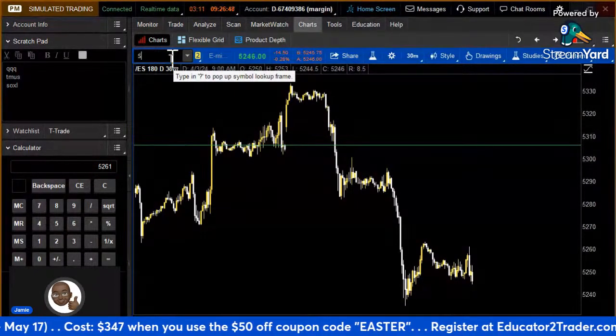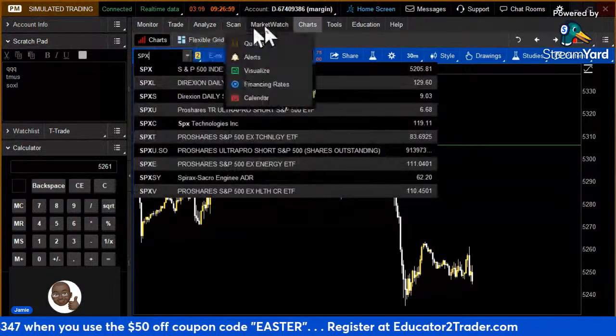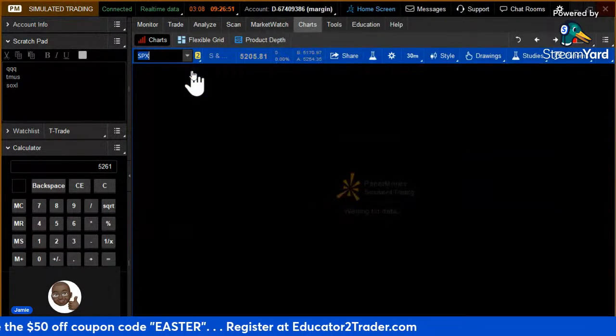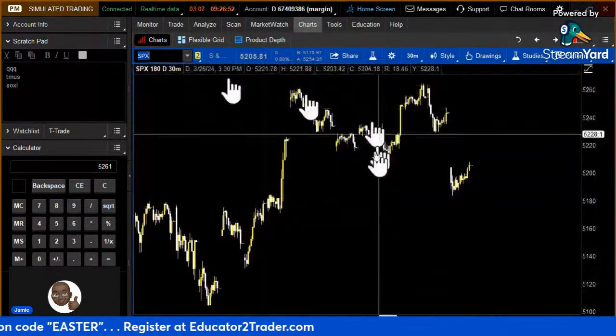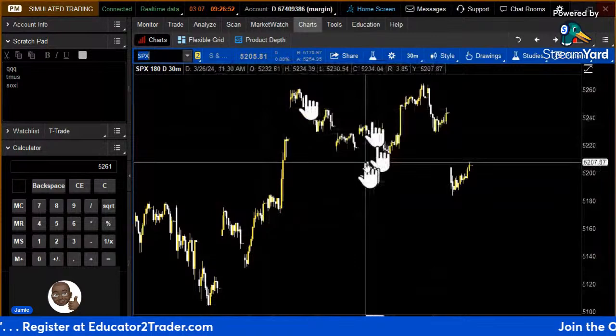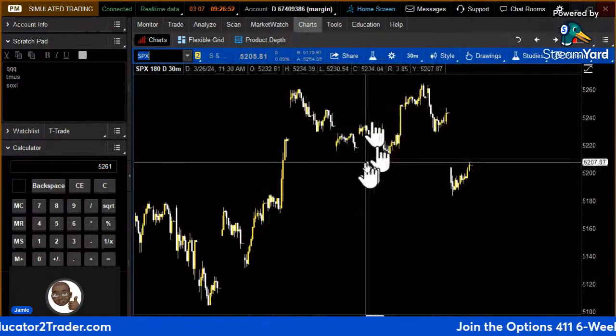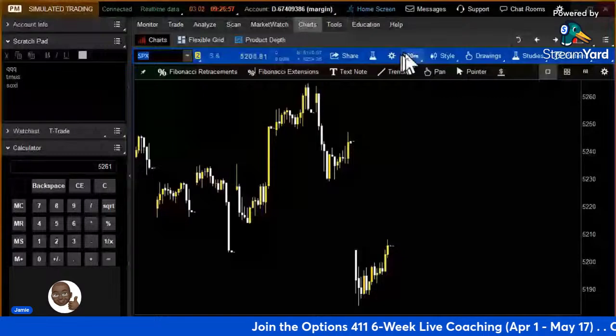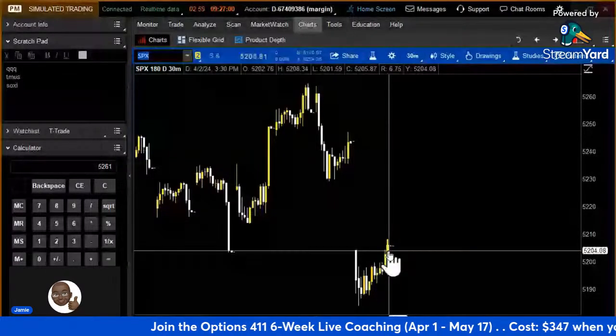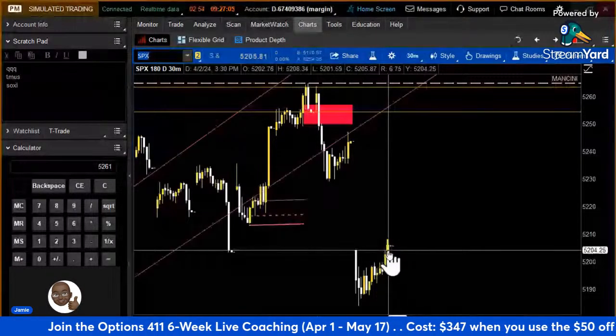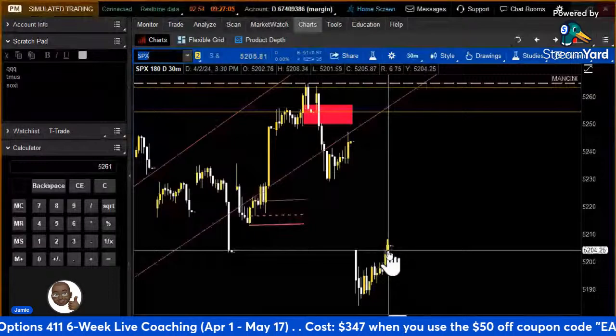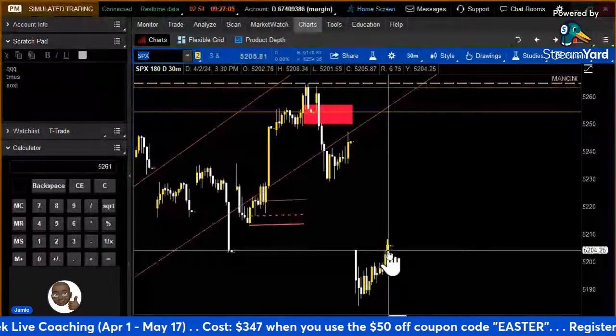We look at the close for SPX yesterday. It doesn't matter what chart. I got it on 30 minutes. It doesn't matter what chart because I'm looking for a specific number. So we can say opening at 4 o'clock, or last candle 3:30.